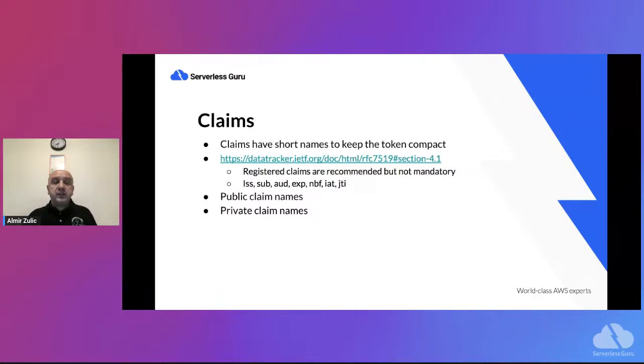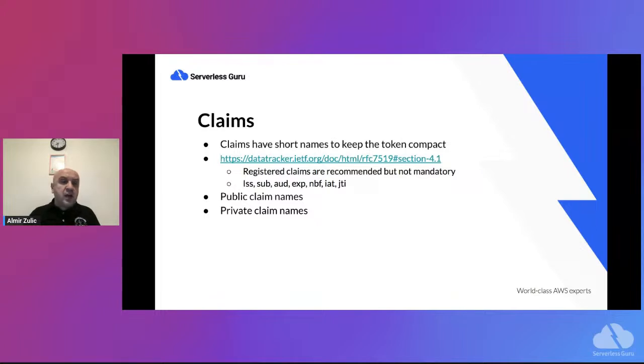And this is a good practice where your public claim names can avoid conflict, because nothing is mandatory. You can put whatever you want, but that means also that if you use some claims that are already registered, you are in danger to make a conflict. When you are validating APIs, you can have collision between the names.